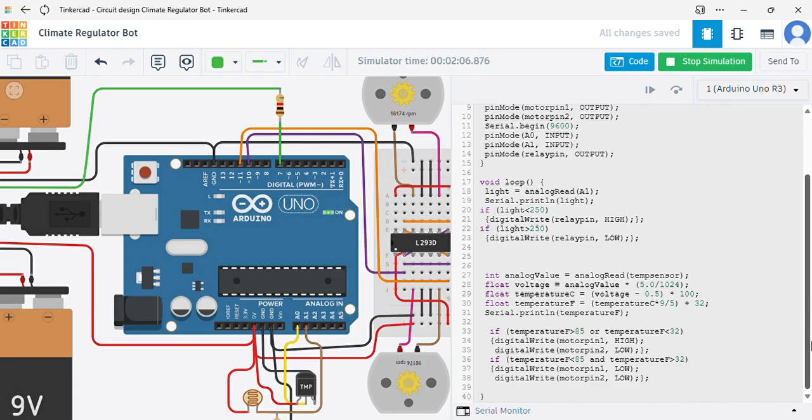We have if temperature is above 85 or temperature is below 32, motor pin 1 high, motor pin 2 low. That's going to turn on all the motors. If temperature is below 85 and temperature is above 32, motor pin 1 low, motor pin 2 low, that's going to turn the motors off.